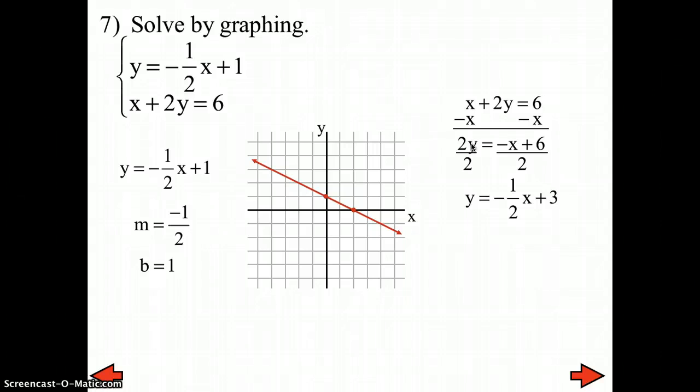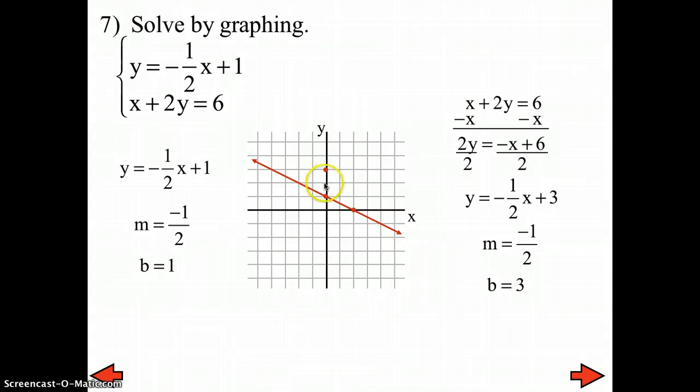So now that it's in slope-intercept form, I'm going to identify my slope as negative 1/2 and my y-intercept, which is a positive 3. So now I'm going to graph, starting with the y-intercept at 3. My slope is a negative 1/2, therefore my line should be going down.